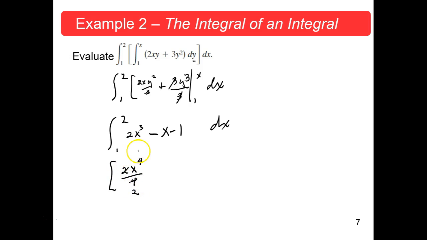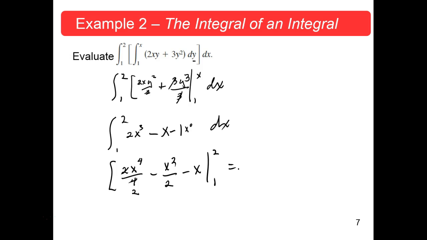So it's x to the 4th over 2, minus x squared over 2. And then the final one would be x to the 0, right? 1 is x to the 0. So increase by 1, and you get that over 1, which is just x. And this you evaluate from 1 to 2.